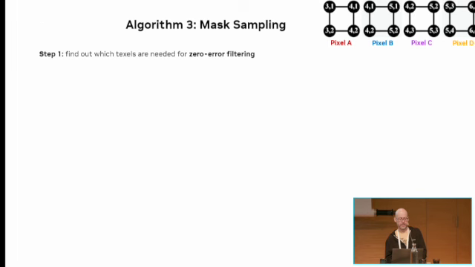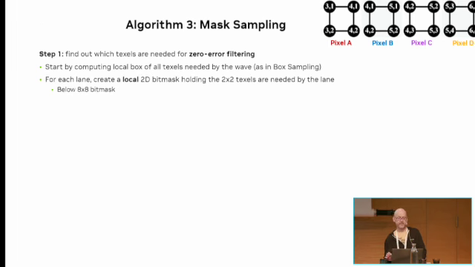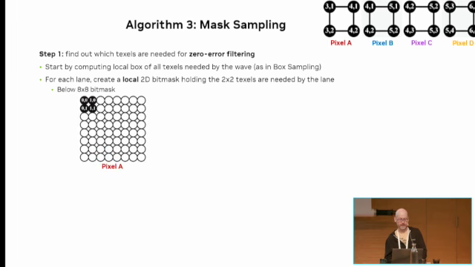Step 1, we need to find out which texels are needed for 0 error filtering. We compute a box, as in box sampling. And then for each lane, we create a local 2D bit mask where we basically stamp out the 2 by 2 texels that are needed by the lane.